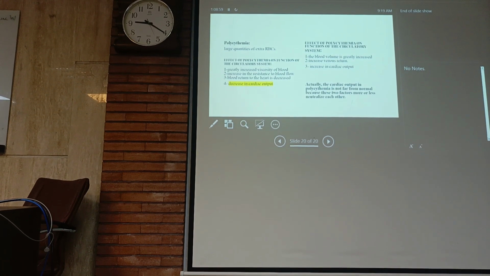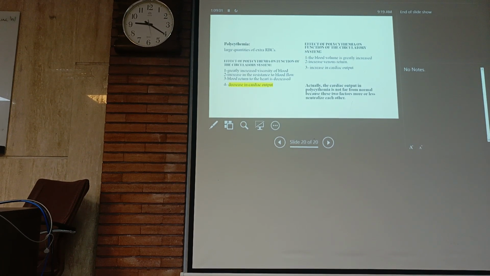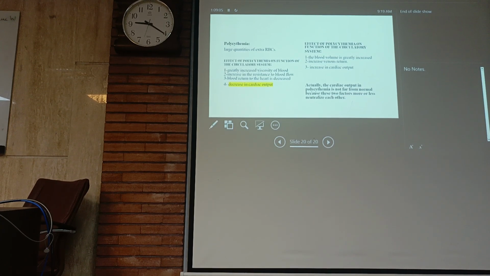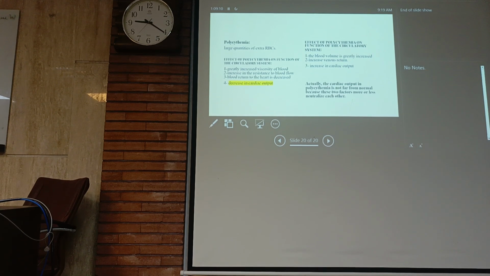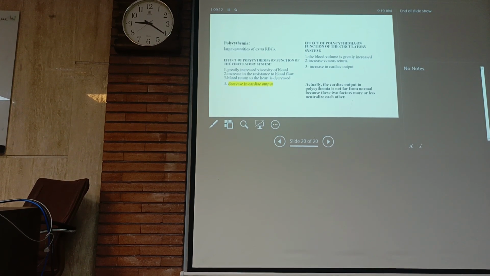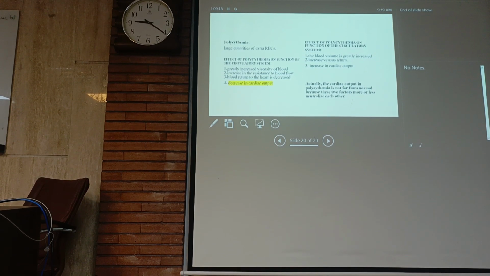So on one hand we have a decrease in cardiac output, and on the other hand an increase in cardiac output. These two factors balance each other. So the final result of polycythemia on cardiac output is no difference, no effect, no change. Okay?